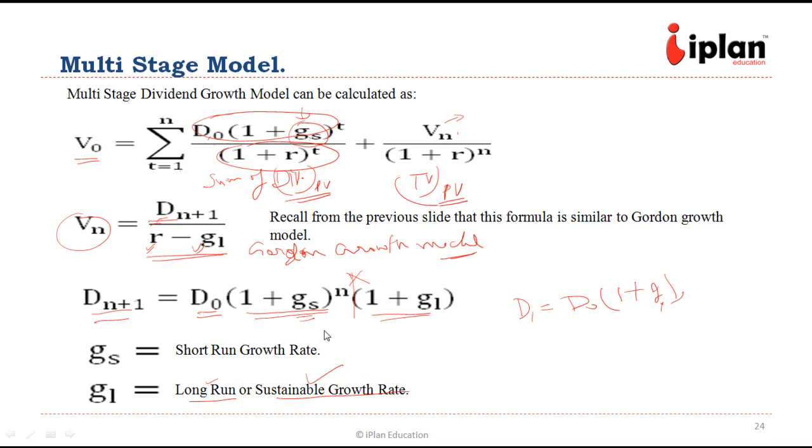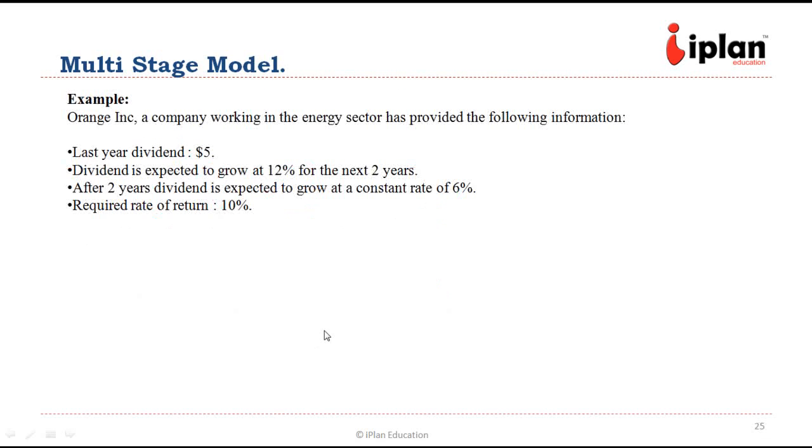Let us look at one numerical example to understand this multi-stage model clearly. Suppose there is a company where the last year dividend was $5. So D naught is $5. Dividend is expected to grow at 12% for the next 2 years. So this is the short run growth rate, 12%.